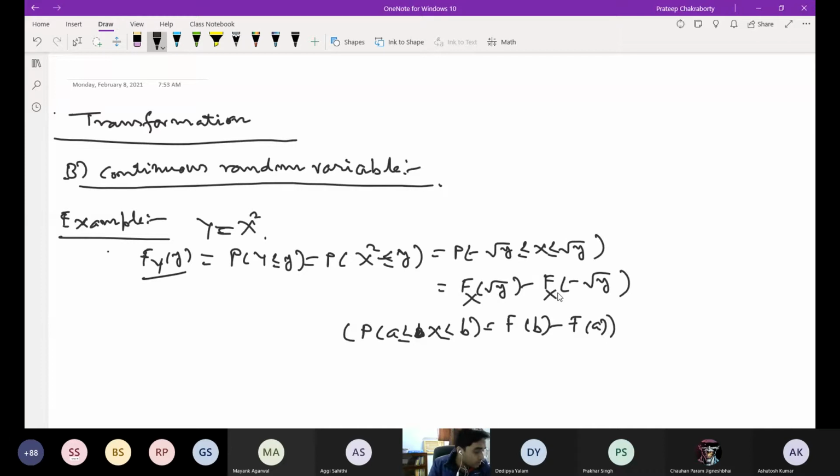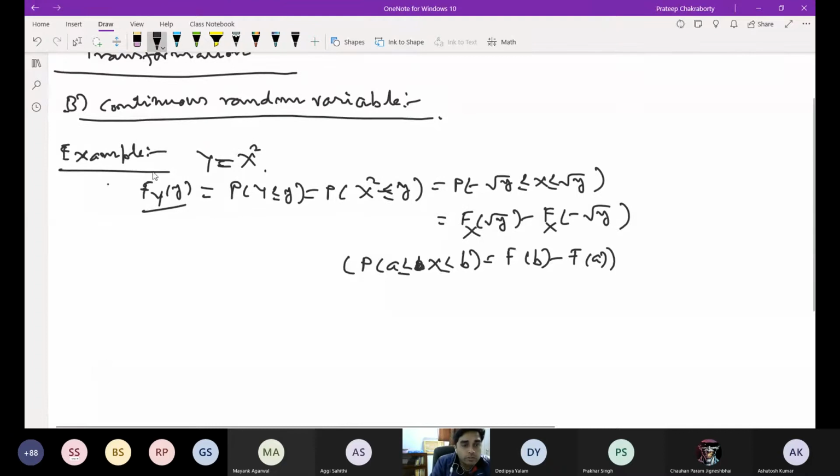Now from the distribution function, how will we get the density function? Can anyone tell me? What is the relation between the distribution function and the density function?